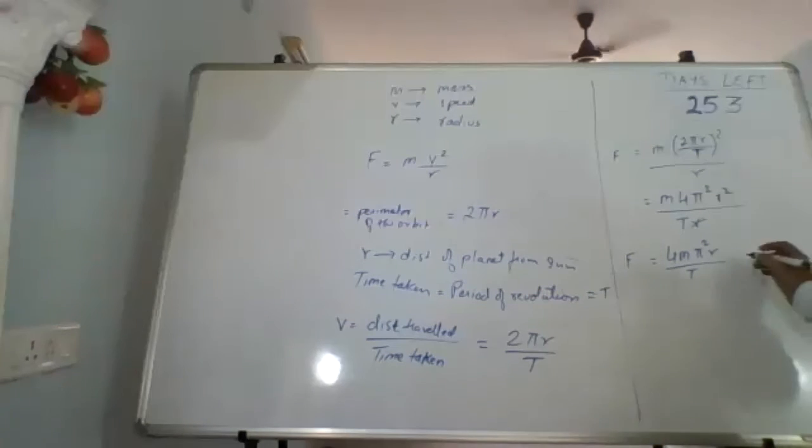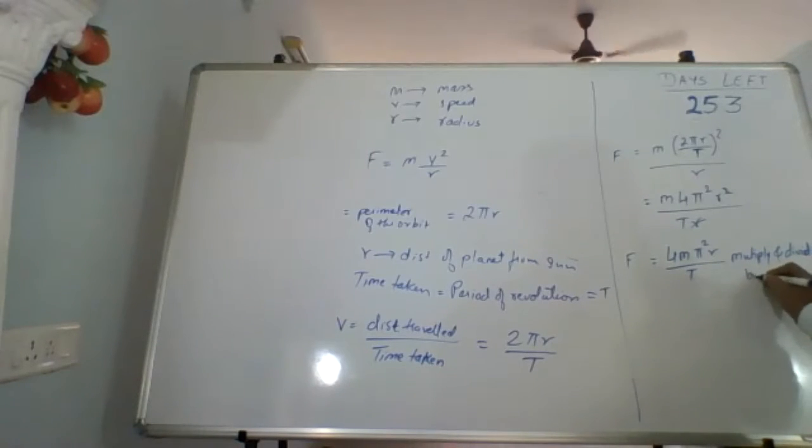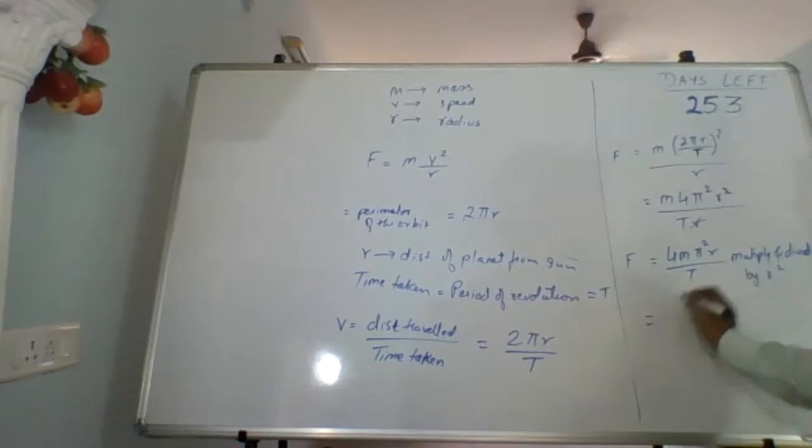Now I am going to multiply and divide by r square. So this will become 4m.